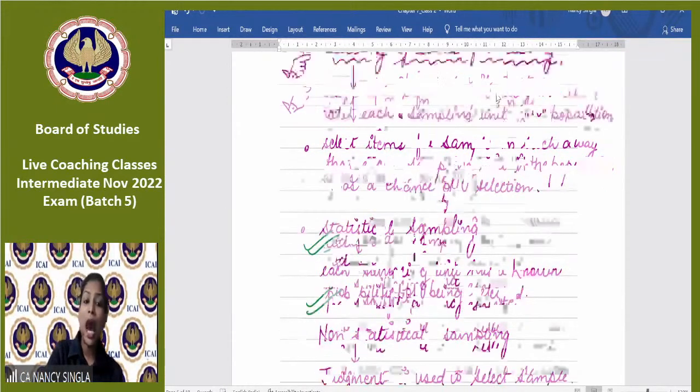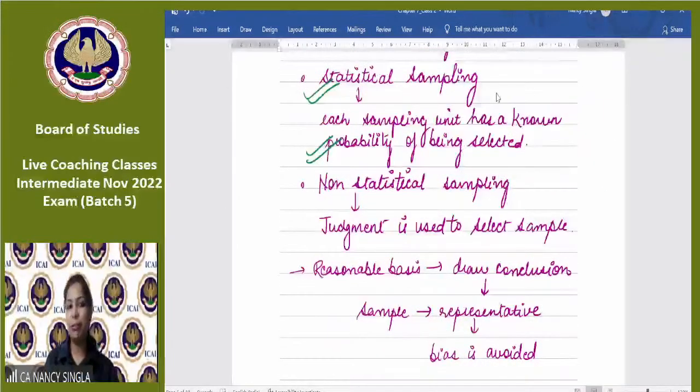Okay. However, for non-statistical sampling, see SA 530, the scope extends to both statistical and non-statistical. In statistical, there will be no personal bias. Each and every sampling unit will have an equal chance of selection. But non-statistical is also used. You may ask, ma'am, why will the auditor use non-statistical?